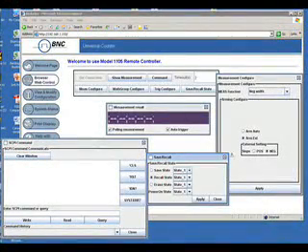In addition to a wonderful front panel interface, we've got a great LAN web-based interface for remote operation too.